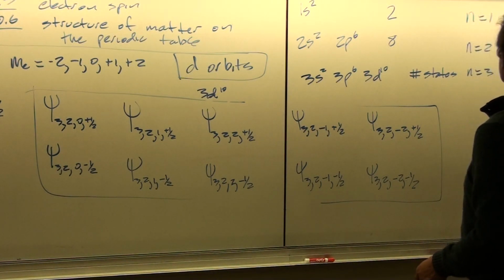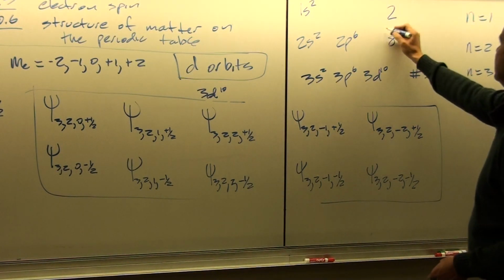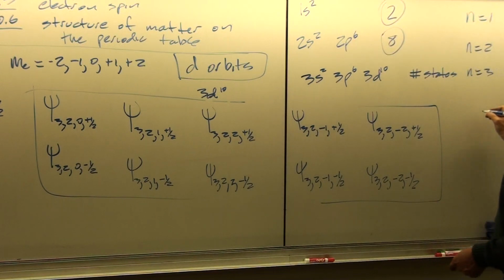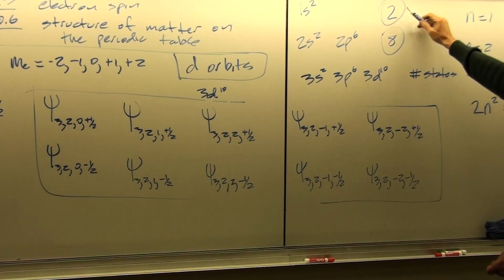So you notice that the total number of states that we get as a function of the n value can be written as 2n squared. So for n equals 1, that's going to be 2 times 1 squared, which is 2.